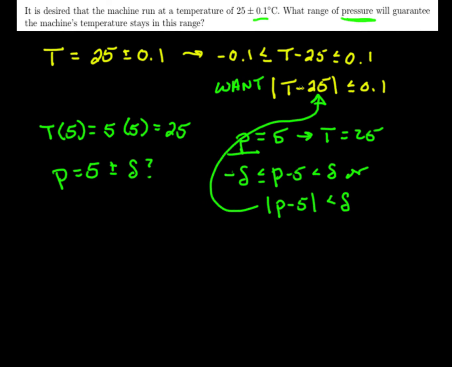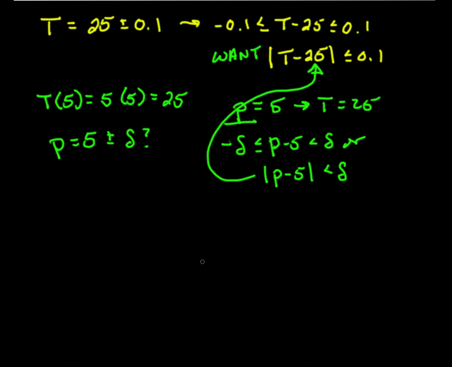And we'll start with what we want to guide us in this. So let me write this down. We want the absolute value of T minus 25 to be less than or equal to 0.1. Well, what's T?